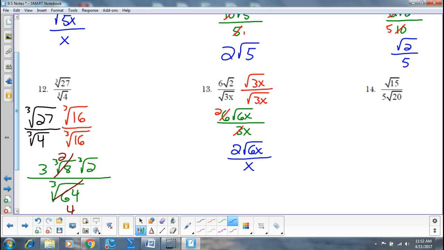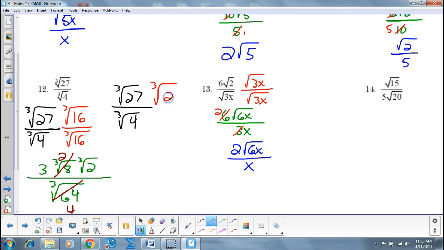8, right? Okay. So I could take this as the cube root of 27 over the cube root of 4 and multiply that by the cube root of 2 over the cube root of 2.